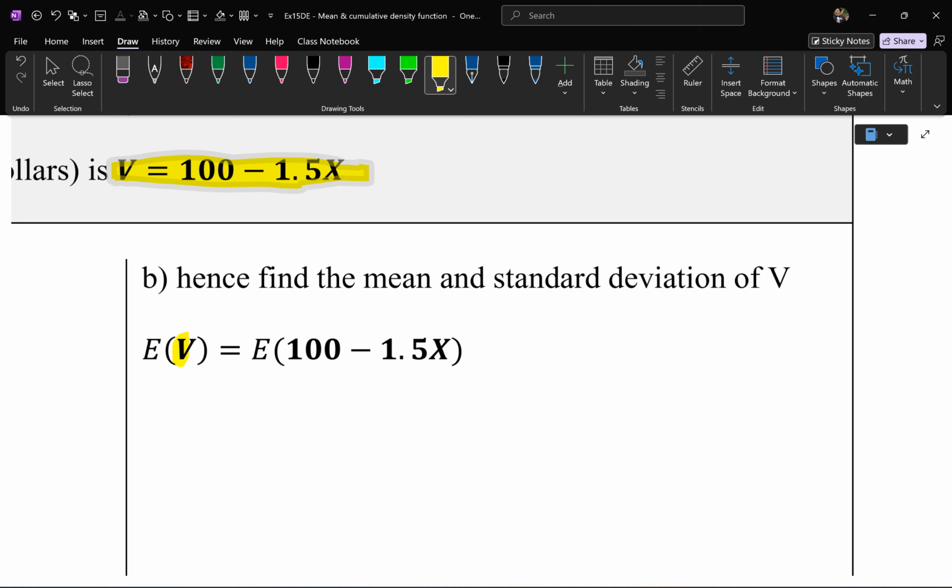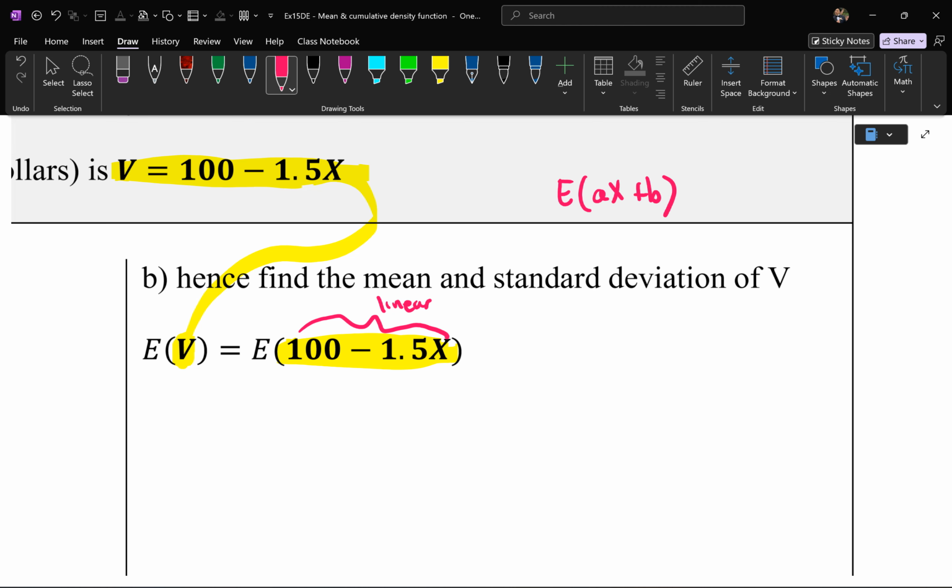So they want you to find the expected value of v, which really just means sub that one in. What changes? This is now a linear function of a random variable x. And I gave you the two formulas above for E of ax plus b. What does that equal to?